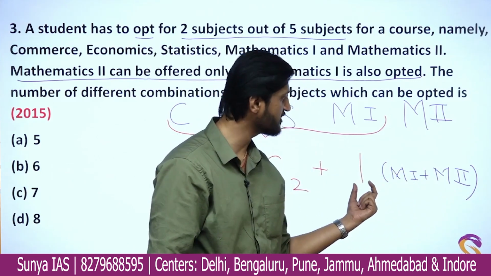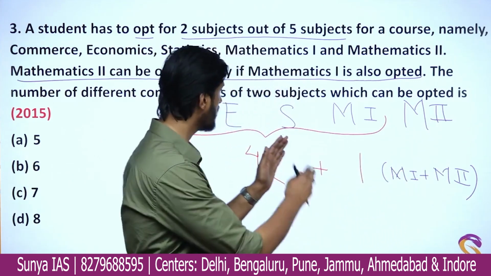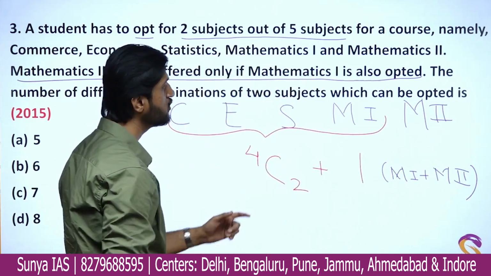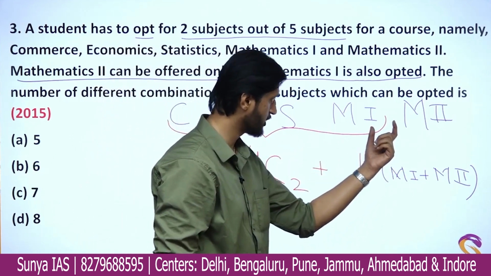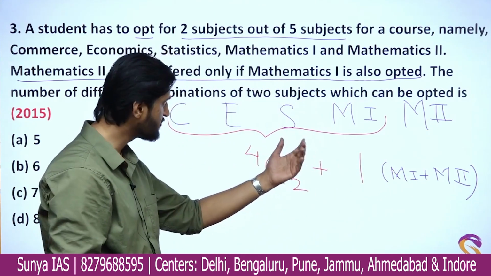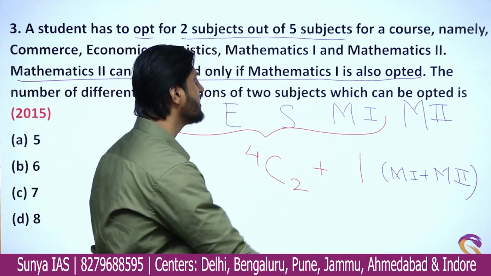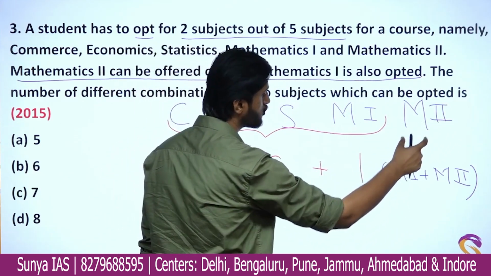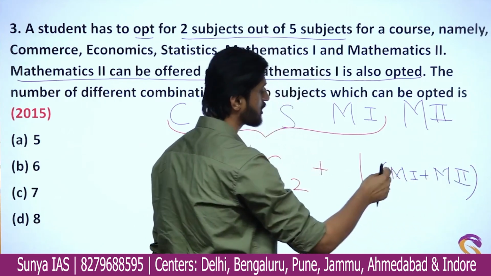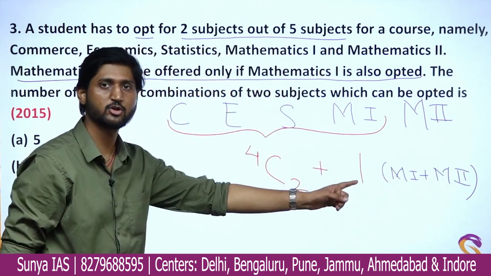So there is only one way of choosing this particular subject. So out of choosing these 4, we have 4C2, or, if you want to pursue mathematics 2, then you have the way of choosing mathematics 1 and mathematics 2. This is the sequence. So for that I am writing 1 because that is the only case.